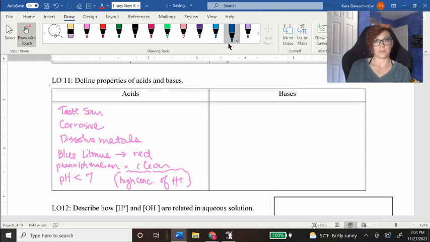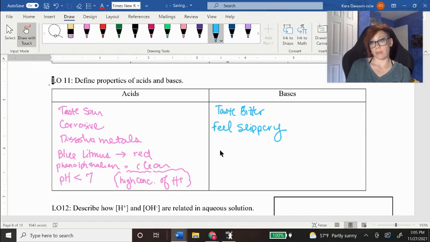Bases. So bases, instead of tasting sour, they taste bitter. They feel slippery. They don't dissolve metals. Red litmus turns blue.